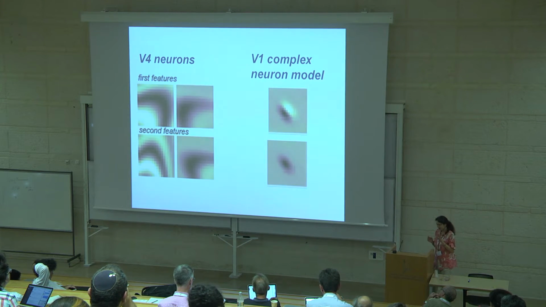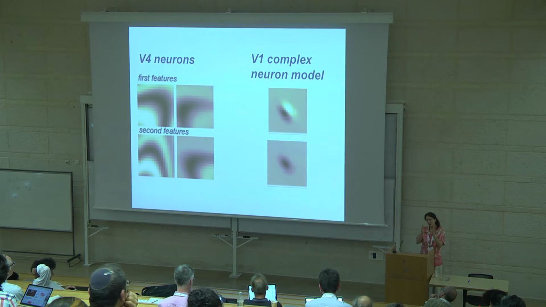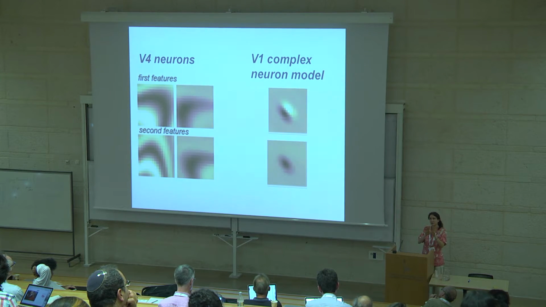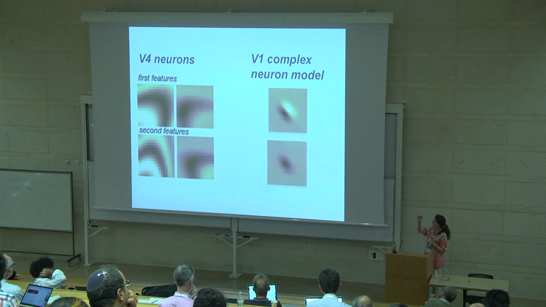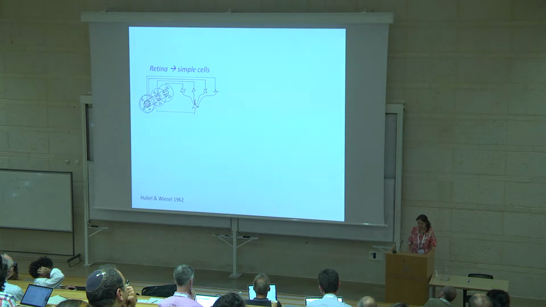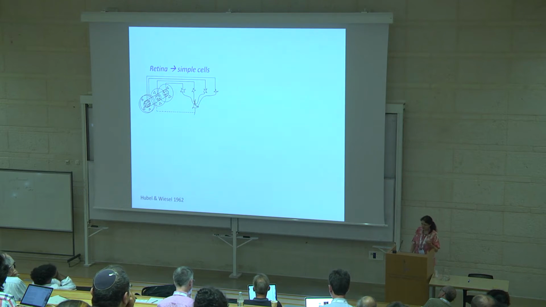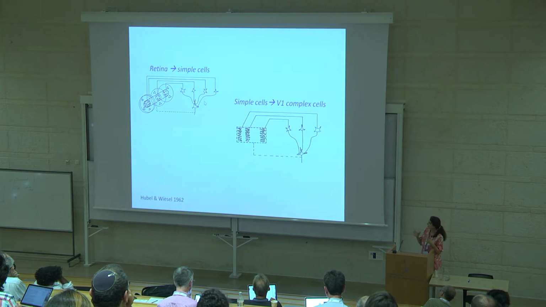Why is this important? Well, if I take slightly displaced edges at different positions, then the difference between 2 edges will give me a bar. So with this combination of these 2 features, I can account for local position invariance. This can be better illustrated by going back to the classical scheme that Hubel and Wiesel proposed, where retinal neurons feed into simple cells that are selective for an edge.